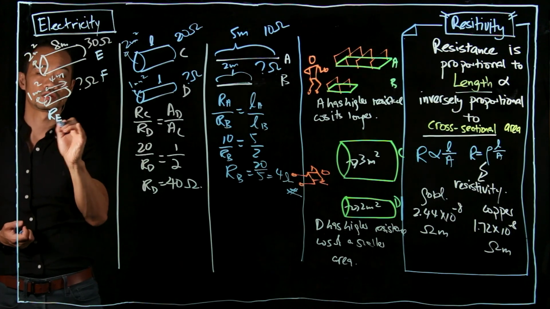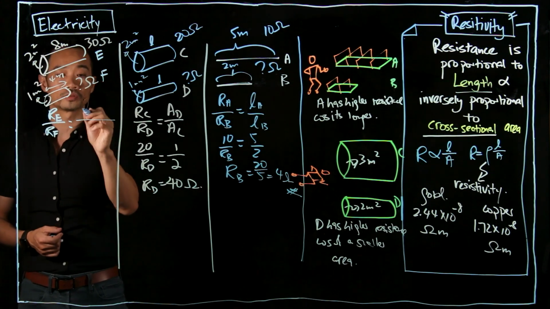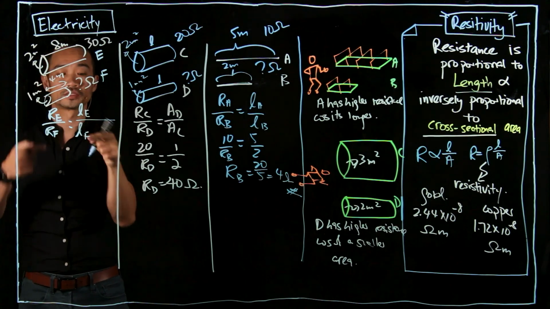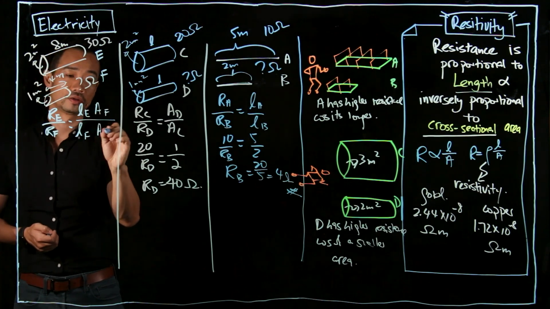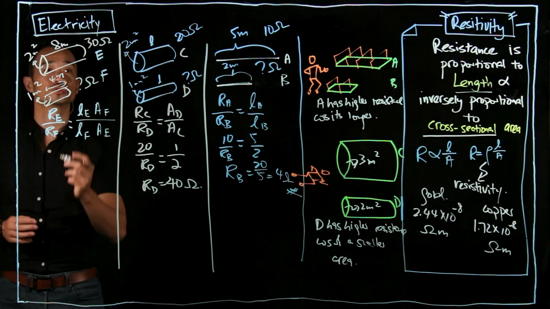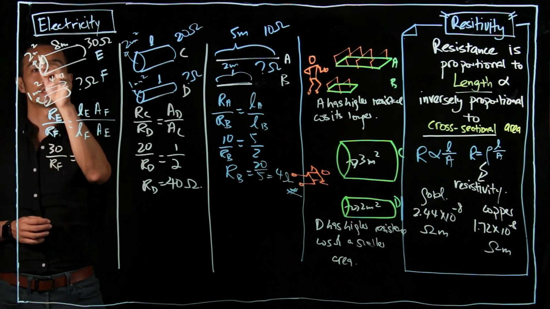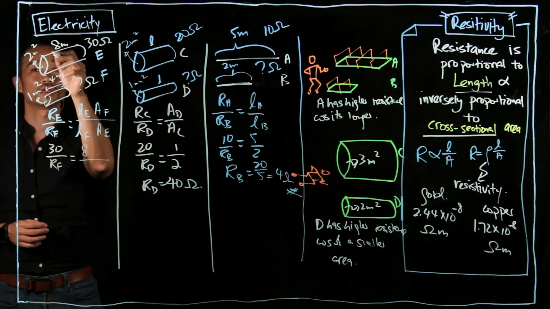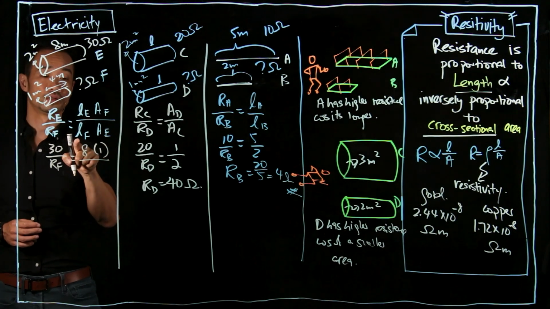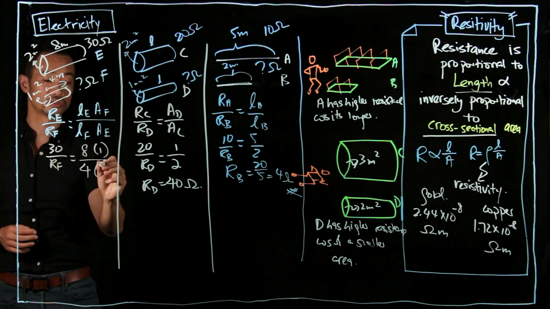So RE over RF. Now we have a combination. It will be equal to length on top, E over F, so it's directly the same. Area we flipped. So this is the main formula. RE is 30 over RF is equal to length E is 8 over AF is 1, length F is 4 over area E is 2.